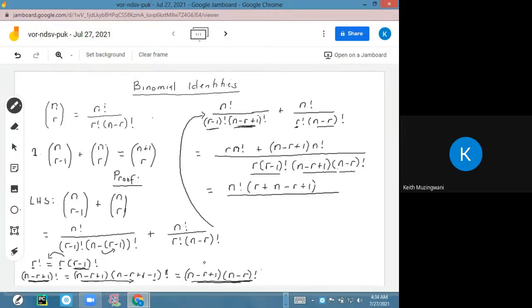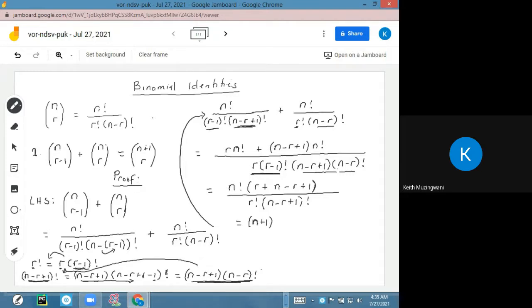over, since we chose to write this r factorial in this form, we can rewrite it as just r factorial. And since we chose to write this to represent this here, we can write it as n minus r plus 1 factorial, giving us n plus 1 in the brackets there.